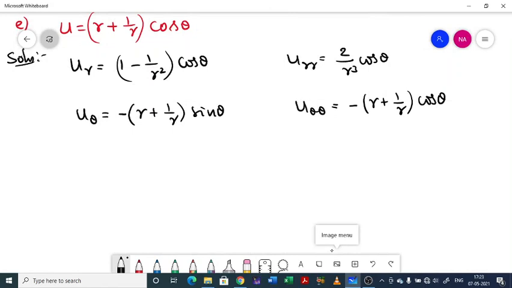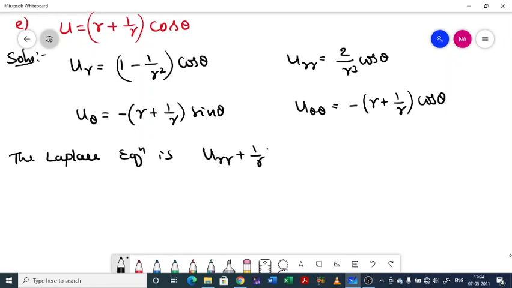Now the Laplace equation in polar form is different from the Cartesian form. The Laplace equation is u double r plus 1 by r into u r plus 1 by r square into u double theta equal to 0. u double r is 2 by r cube cos theta, plus u r by r.